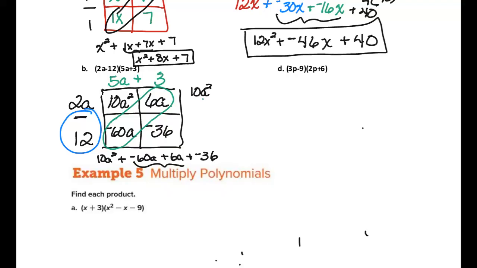Negative 60 plus 6 is going to give me negative 54a, or you could say plus a negative 54a, and then plus negative 36, or you could just say minus 36.